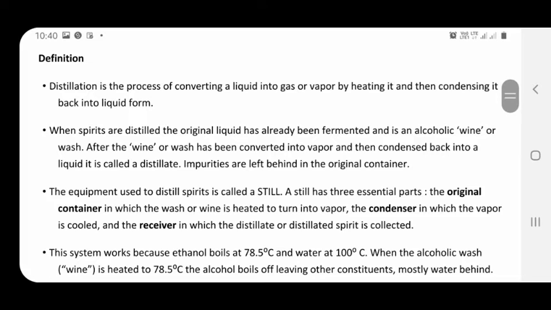All right. The first part of the distillate is the head, followed by the heart, and lastly the tails. So what is the meaning of head, heart, and tails? Head and tails contain mostly impurities which also add to flavor.